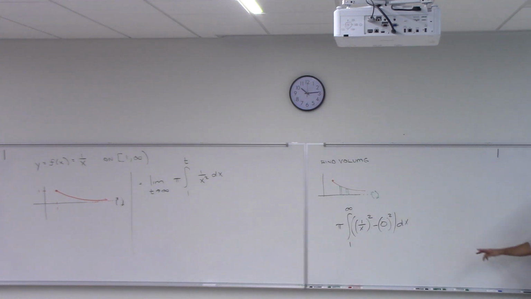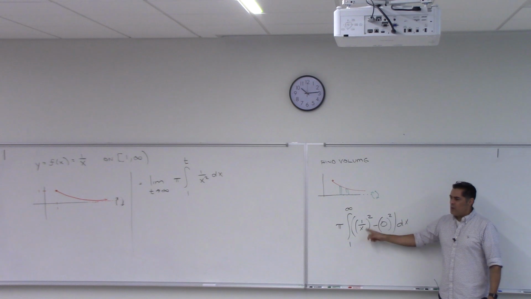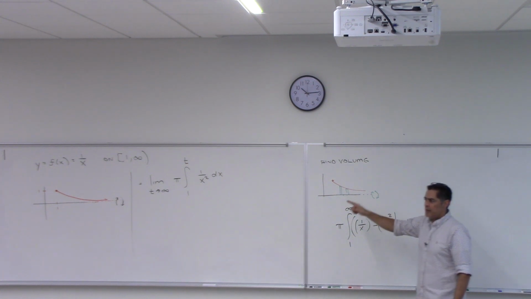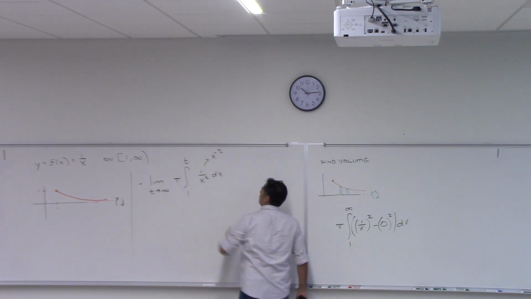Y'all remember how to do this? We have an improper integral, so replace the infinity with t and take the limit. This is 1 over x squared, which should be pretty okay. Taking the antiderivative, just remember this is the same as x to the negative 2.